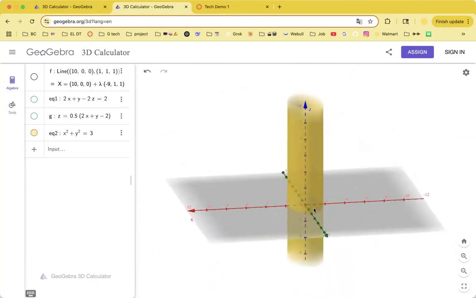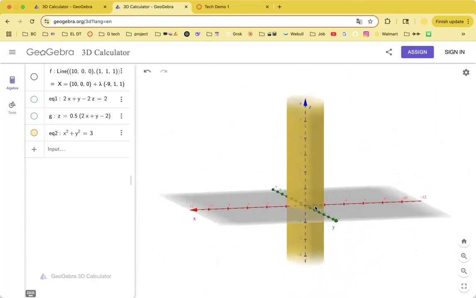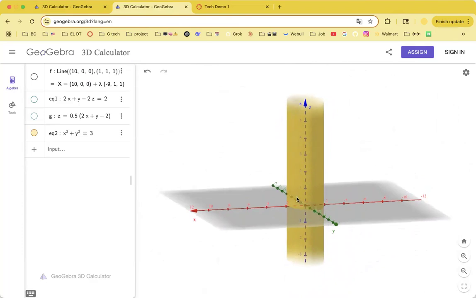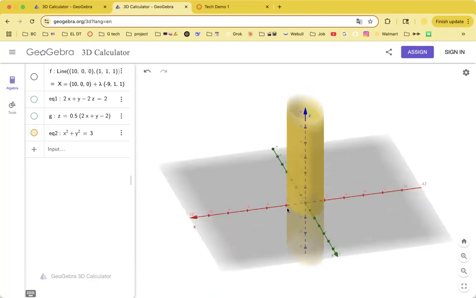All right. This describes a vertical cylinder along the z-axis. So it also renders as a 3D surface.